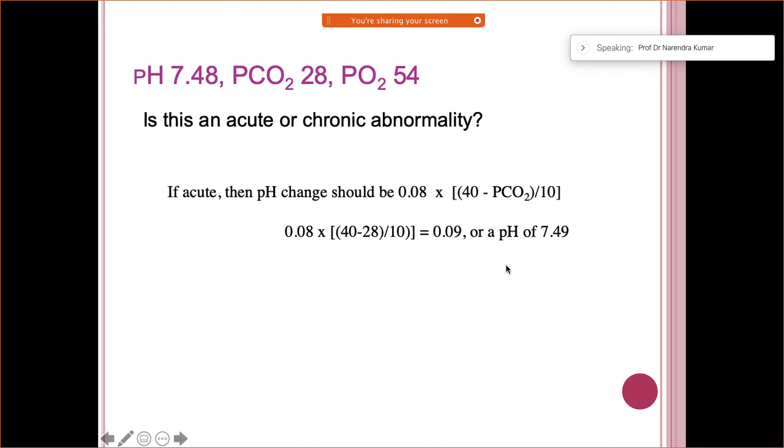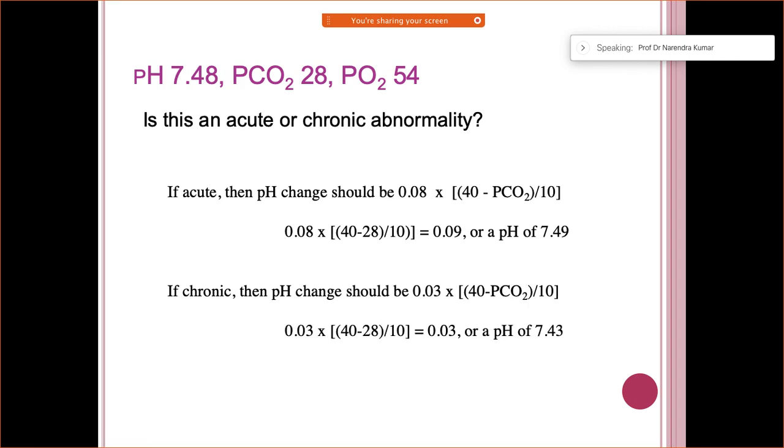How much is it coming to? If it is acute, it will be 0.08 per 10; otherwise, if it is chronic, then 0.03 into this. You should be doing it like this. So then you get a pH of 7.43 or 7.49.